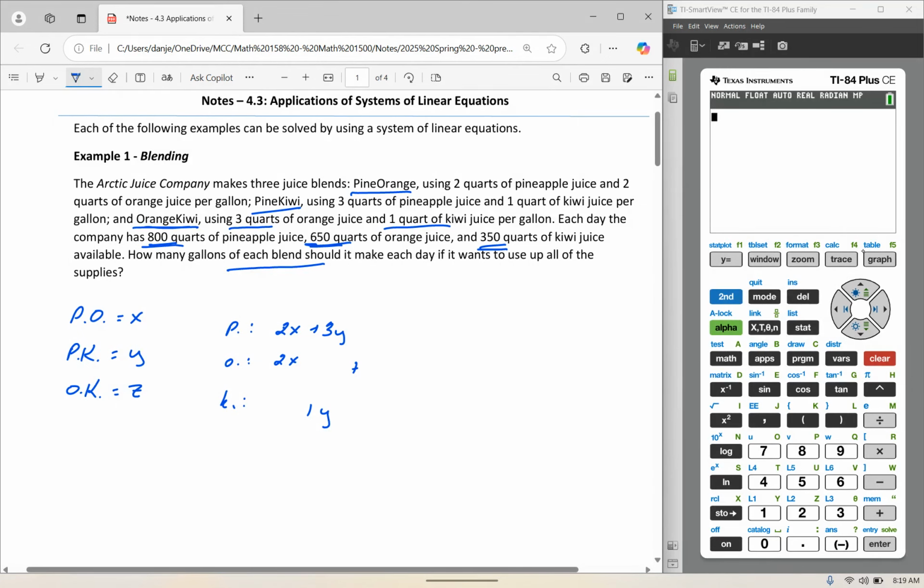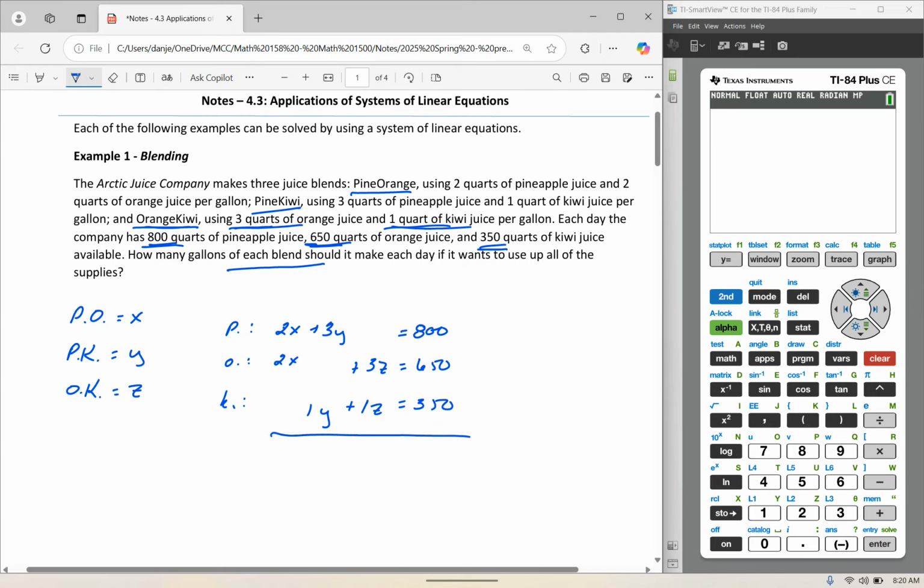Each day, the company wants to use up all 800 quarts of the pineapple juice, all 650 quarts of the orange juice, and all 350 quarts of the kiwi juice that's available.